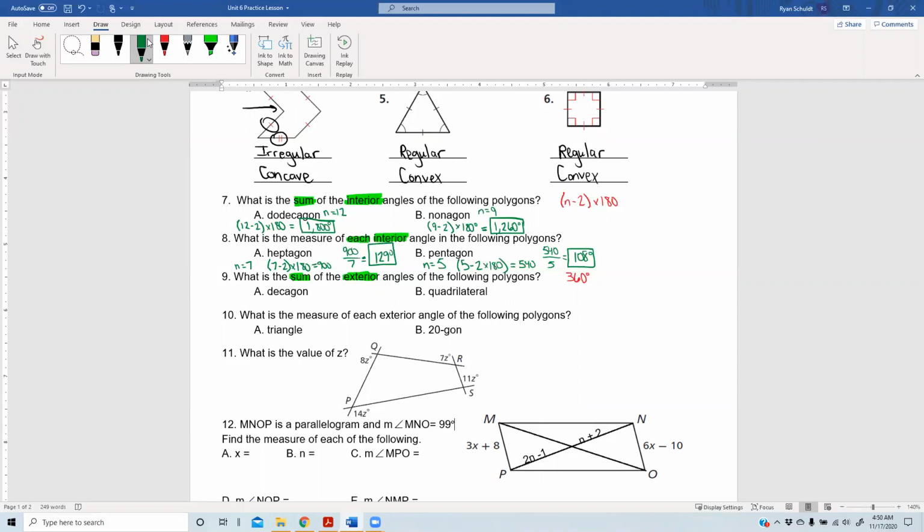So for a decagon, there are 10 sides, but the sum is 360. For a quadrilateral, there are 4 sides, but still the sum is 360 degrees.